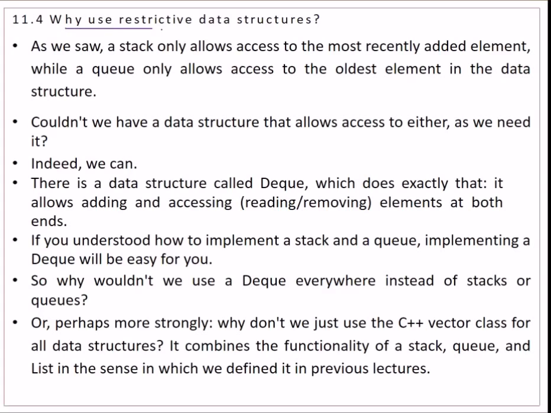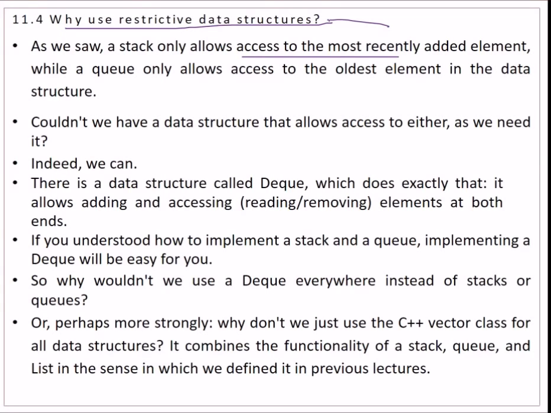So now we can discuss why use our restrictive data structures. Earlier we have seen a stack only allows access to the most recently added element, while a queue only allows access to the oldest element in the data structure. They both have their peculiar property. So somebody could argue, why restrict ourselves to these kinds of data structures?